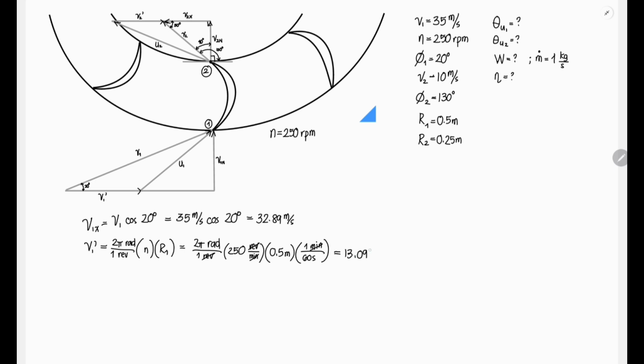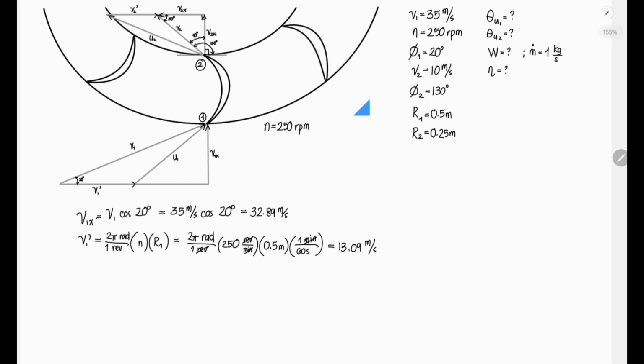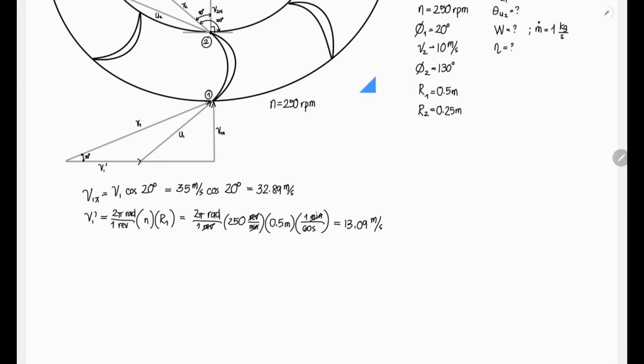13.09 meters per second. So, to determine the x component of our u1, we will subtract yung v1 prime sa ating v1x. Kasi, ito, yung ating v1x, this is our v1x, yung total niya. Kasi ito ang v1, and ang component niya at x-axis is this one, yung kabuuan na to.